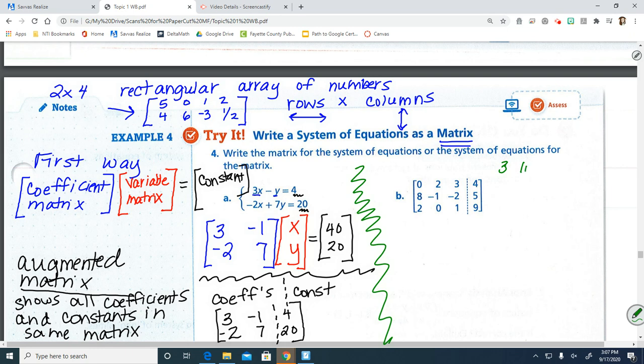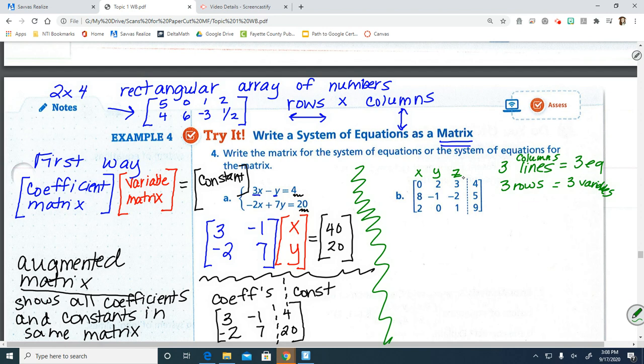So 3 lines means 3 equations. 3 rows, when I say lines, I should say columns. 3 rows means 3 variables. So my variables might be X, Y, and Z. They didn't assign a specific variable, so I'm assigning them myself.